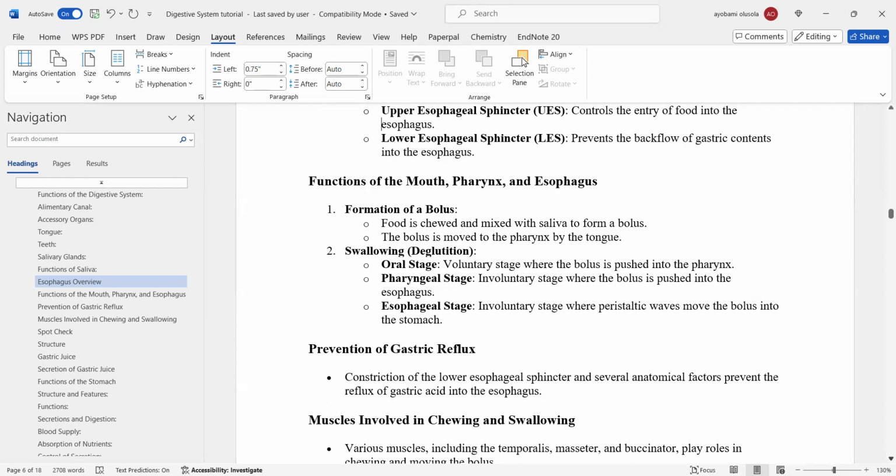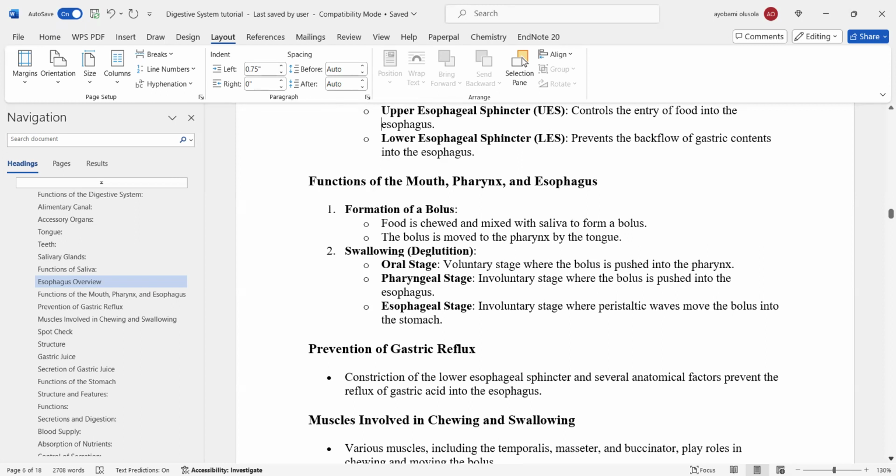Then once the food gets into the pharynx, involuntarily, without your control, it gets pushed into the esophagus. So the pharyngeal stage is an involuntary stage where the bolus is pushed into the esophagus. The esophageal stage too is an involuntary stage where peristaltic waves move the bolus into the stomach.